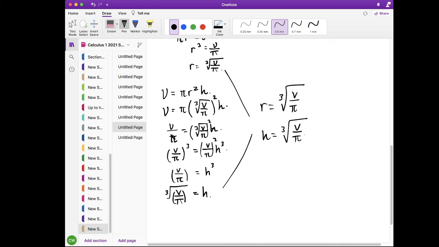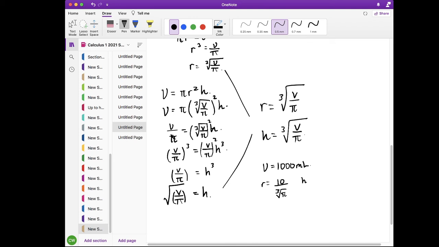Okay, so this is nice because this gives you a formula, right? So if you have a can of, what's a nice cube root? 1,000. So if you have a can that holds 1,000 milliliters, if you want to minimize your cost, r would equal 10 over cube root of pi, which I guess is not as nice.